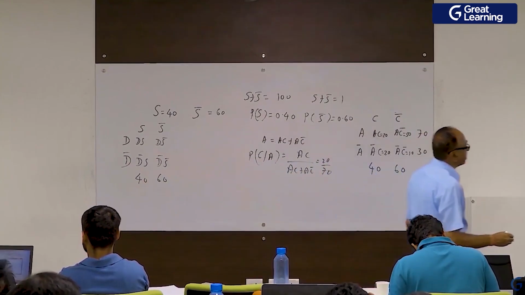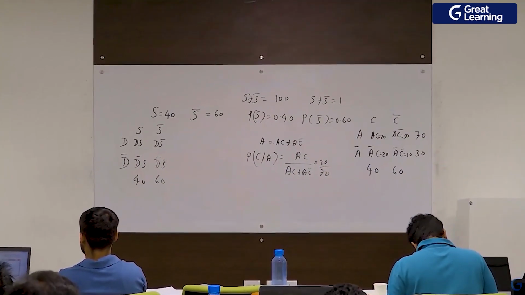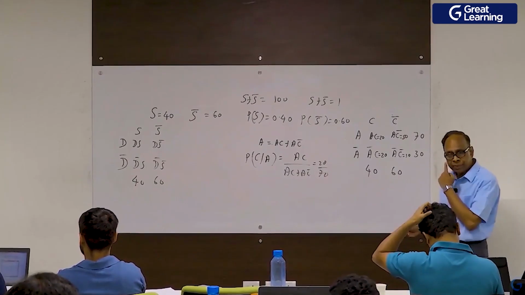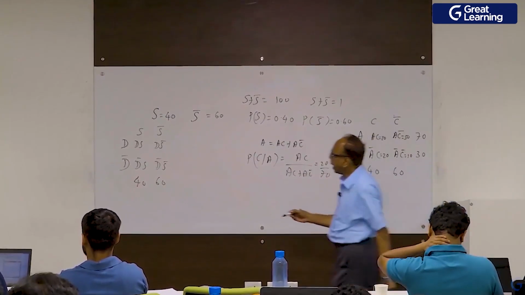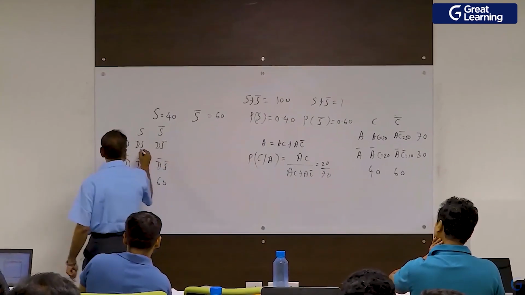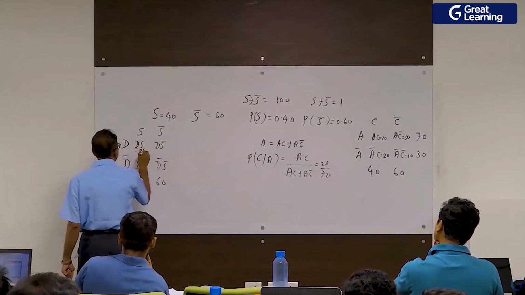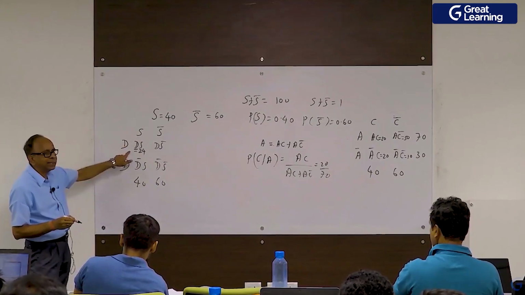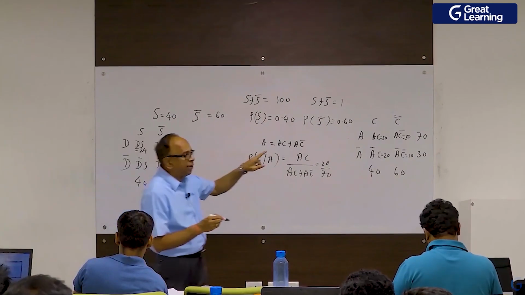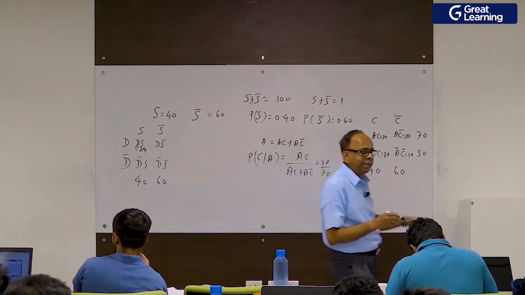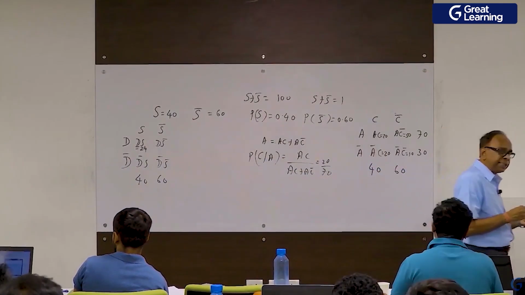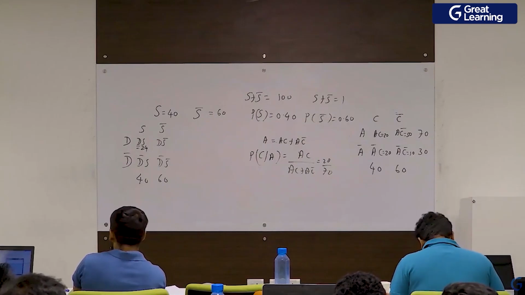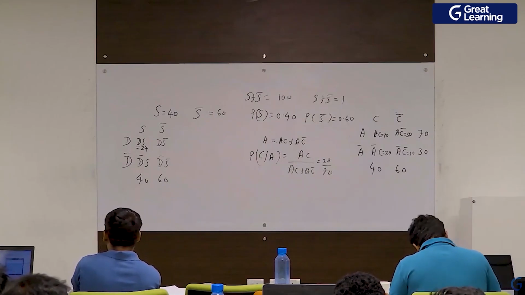Historically, 60% of the successful wells have had a detailed test. That means I can write this as 24 without any doubt, because 60% of the successful wells have had detailed test. The number of wells that are successful are 40. 60% of 40% is 24. 24 wells underwent detailed test.